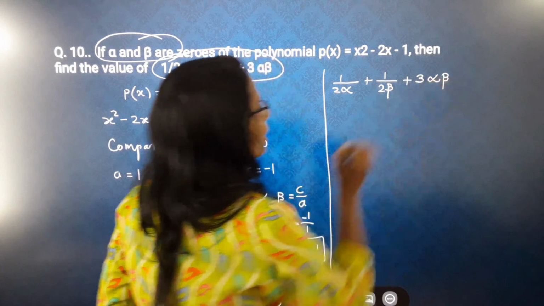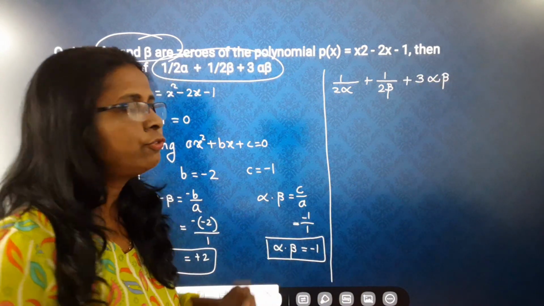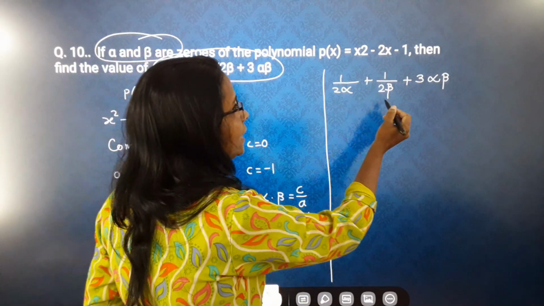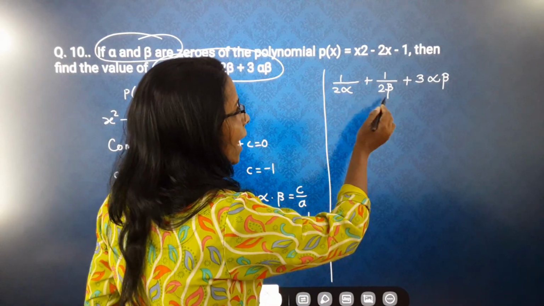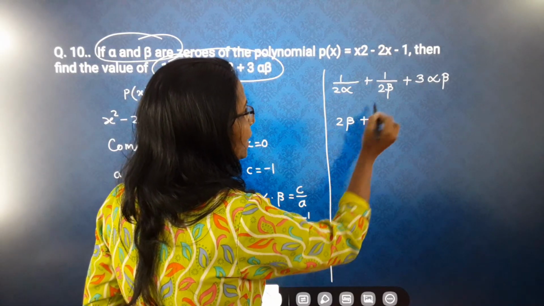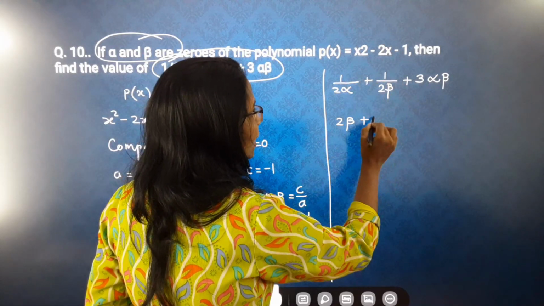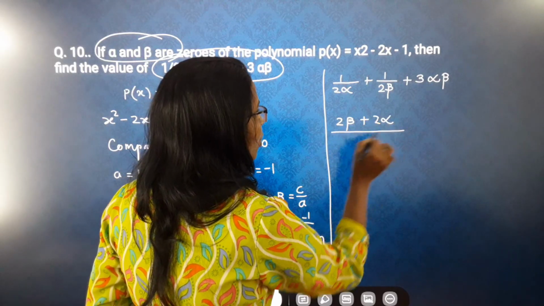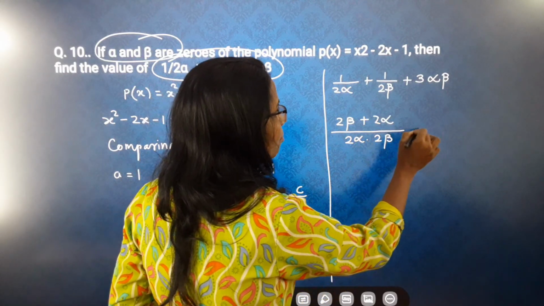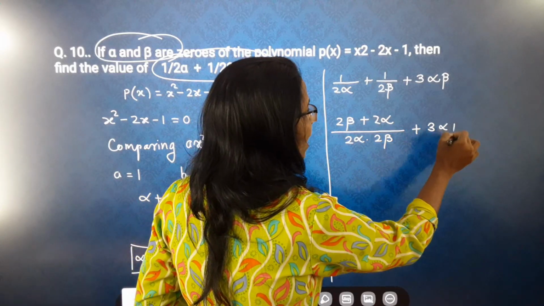How can we find it? First we simplify this. I first do the addition of these two fractions. Cross multiplying, we get 2 beta plus 2 alpha upon 2 alpha multiplied by 2 beta, plus 3 alpha beta.